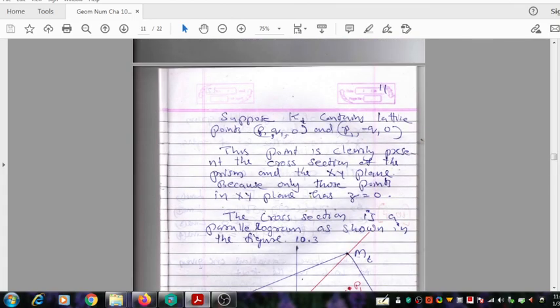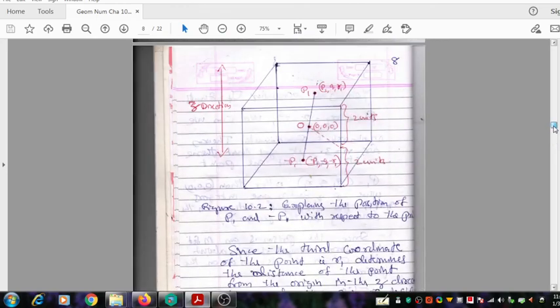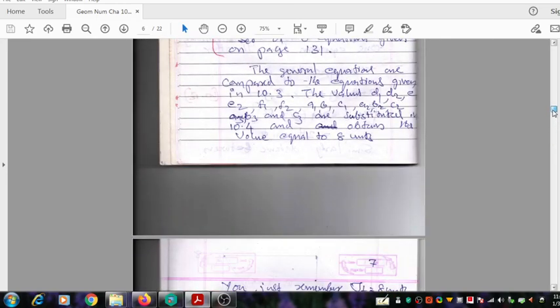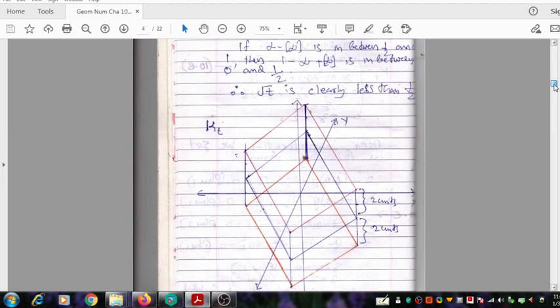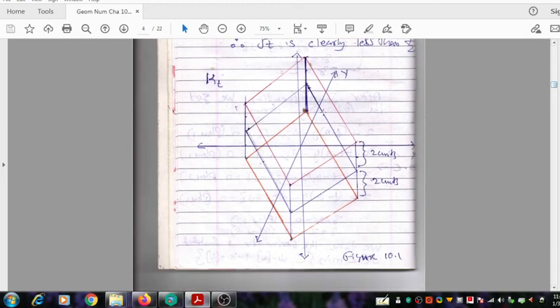In the previous picture, I colored that cross section blue, and this is that blue colored rectangle, or parallelogram, which is the cross section of the whole prism when it is taken using the XY plane.